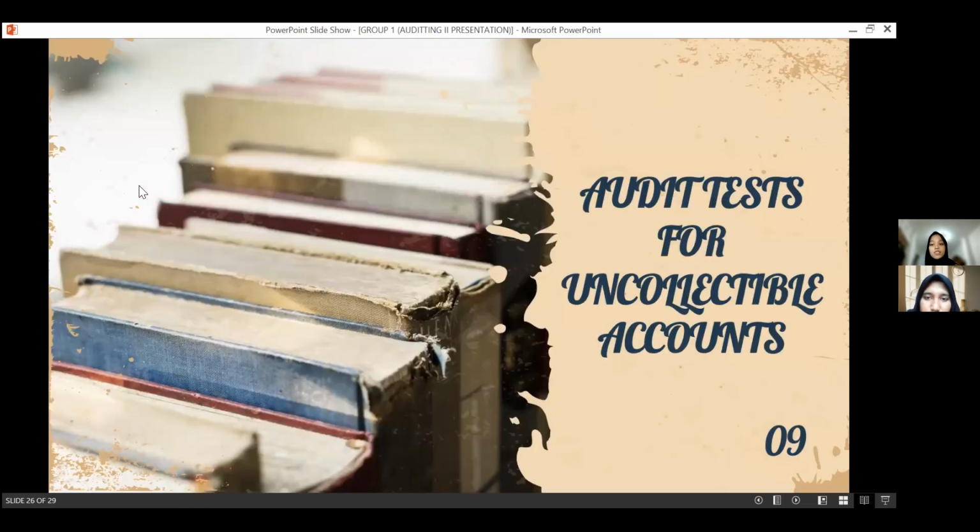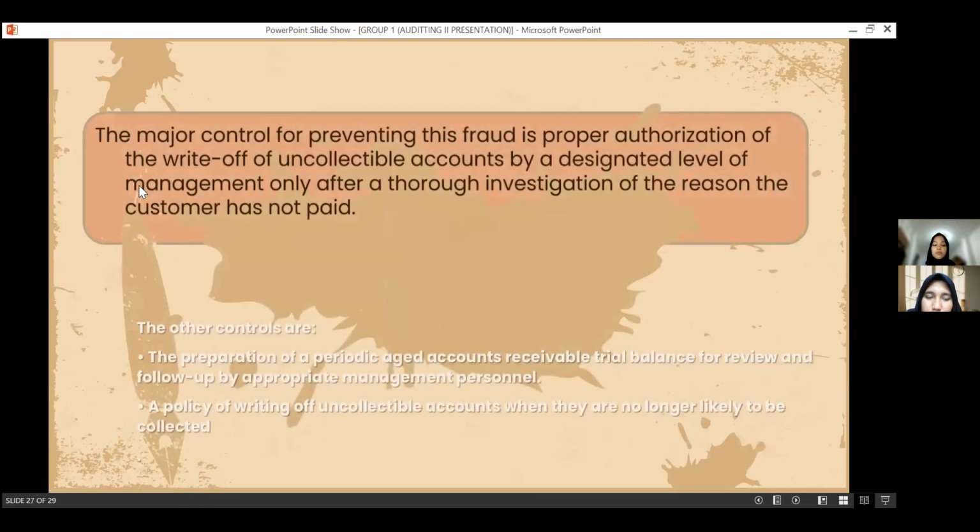Next is audit test for uncollectible accounts. This is the same as for sales return and allowance. The auditors are primarily concerned in the audit of the write-off of uncollectible accounts receivable with the possibility of client personnel covering up an embezzlement by writing off accounts receivable that have already been collected.